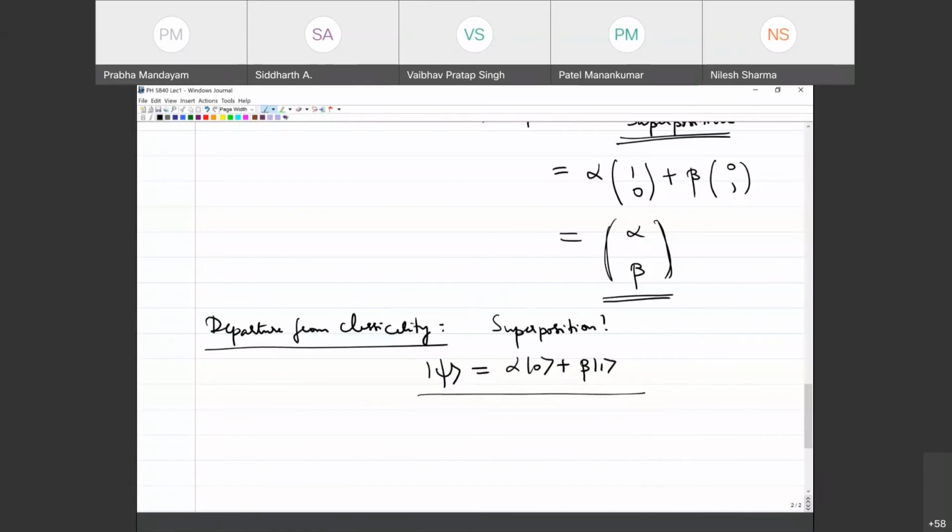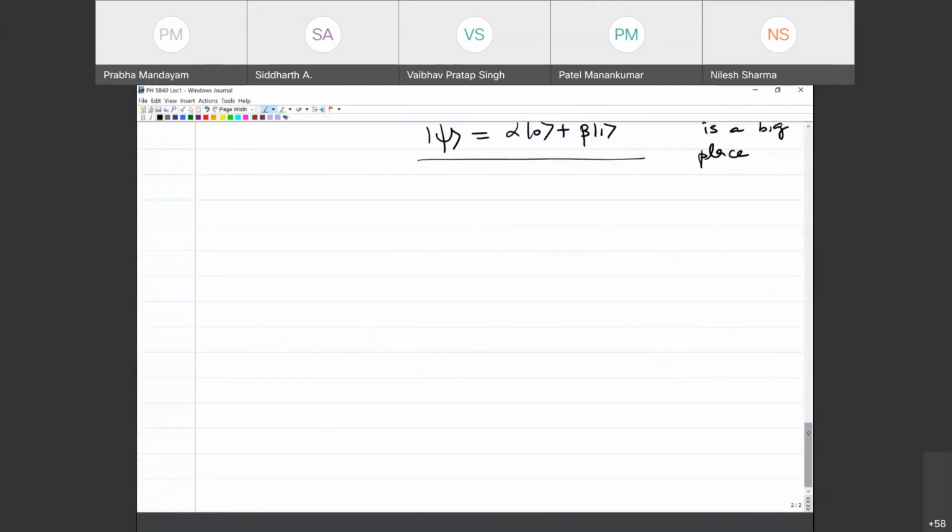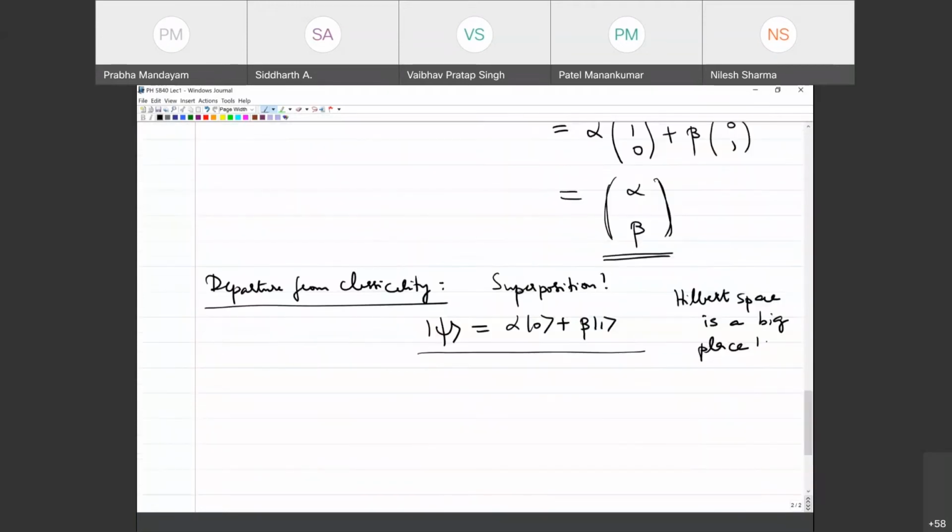Okay, so I'm introducing the term Hilbert space here, which I will formally define in one of the subsequent lectures. But the idea is that the state space of a qubit, which one can technically call a Hilbert space, gives the qubit a lot more room to play around with, right?